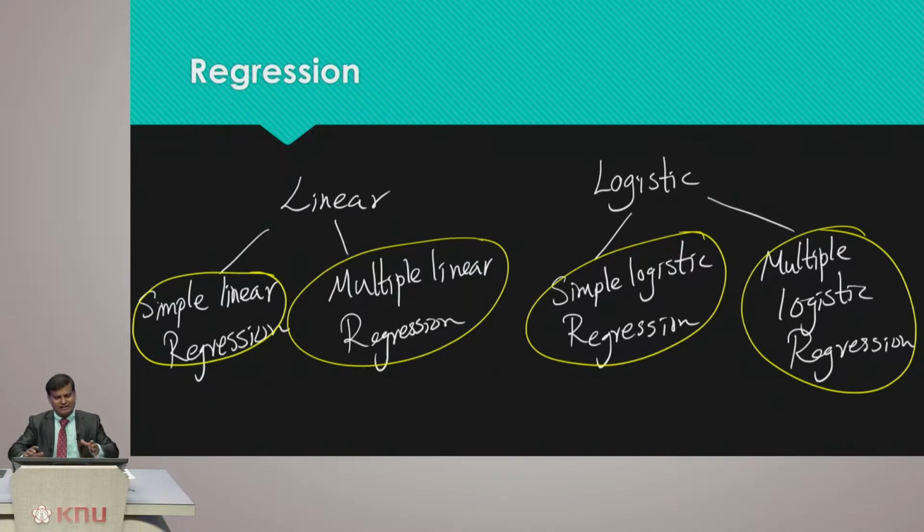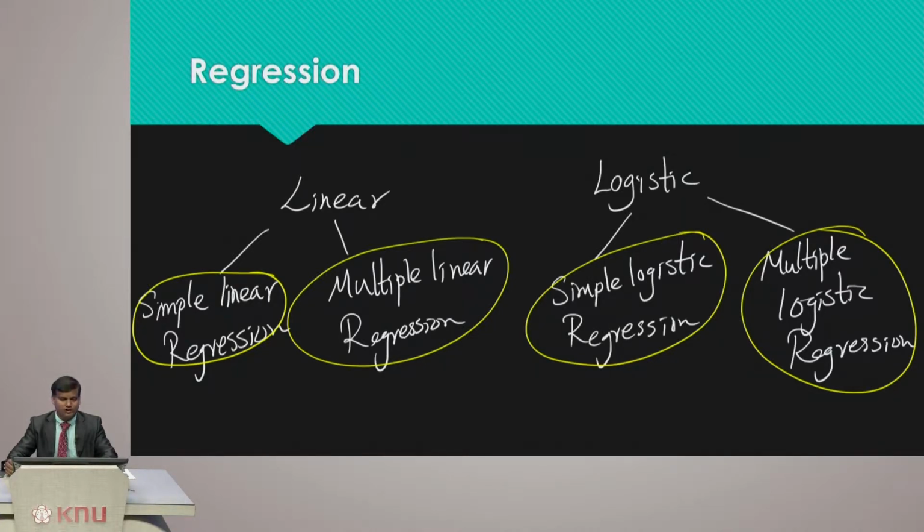Basically, regression has different types, like linear regression and logistic regression. Before we go on to the definition, let me classify the different types of regression. We have simple linear regression and multiple linear regression. As the word suggests, they have a linear relationship between the variables.